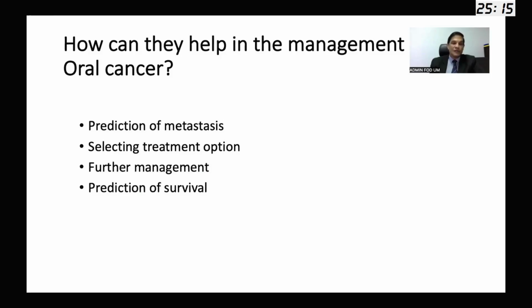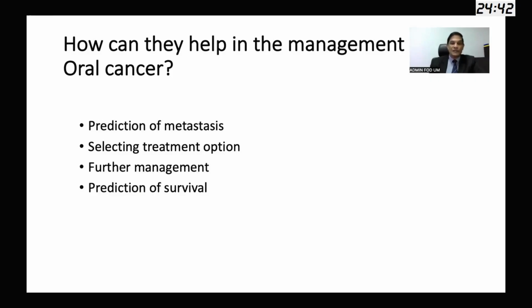Selecting treatment option, whether you are going for a radical treatment or slightly conservative, or what kind of neck dissection is going to be used, etc. Now, they all can depend to some extent on the histopathological parameters. And of course, the further management, especially surgery for residual tumor or some other management like adjuvant chemo, radio, etc., can be decided with the histopathological parameters coming from the excision report.